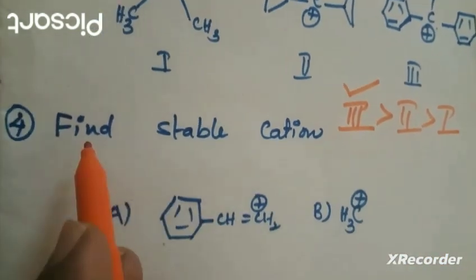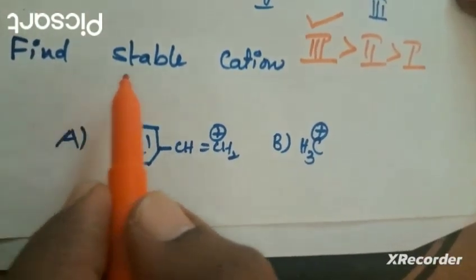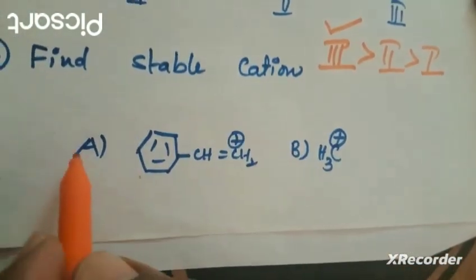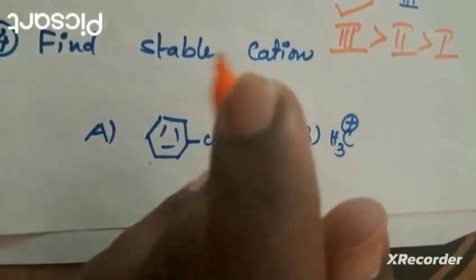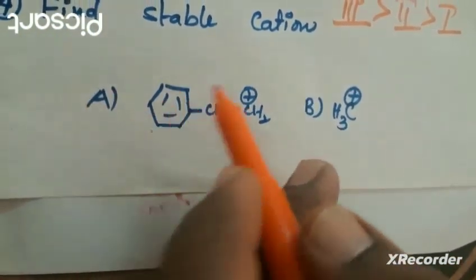Next one: find the stable carbocation. A is the vinyl carbocation, B is the methyl carbocation.